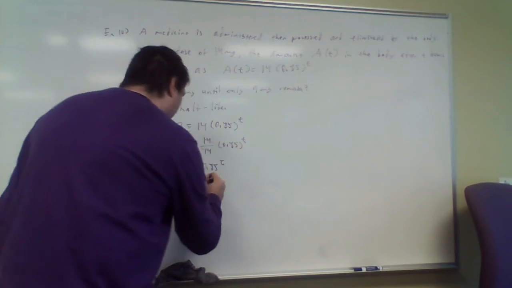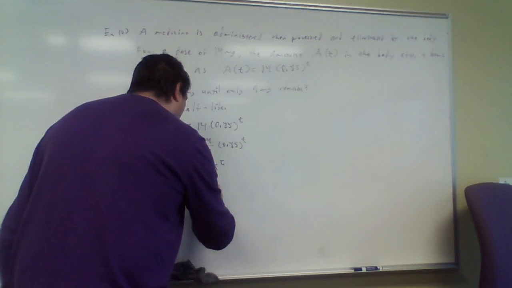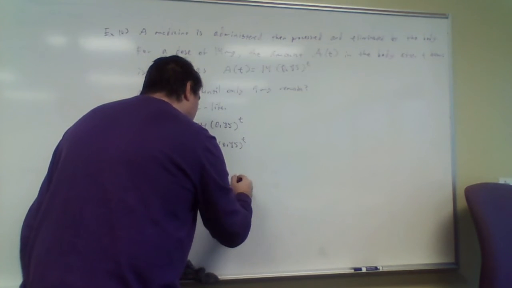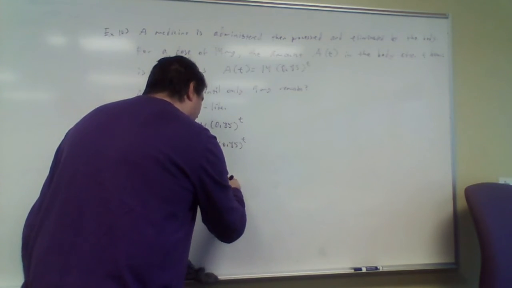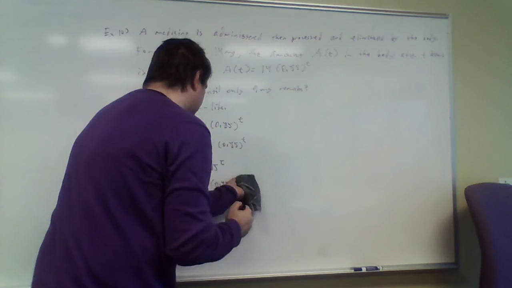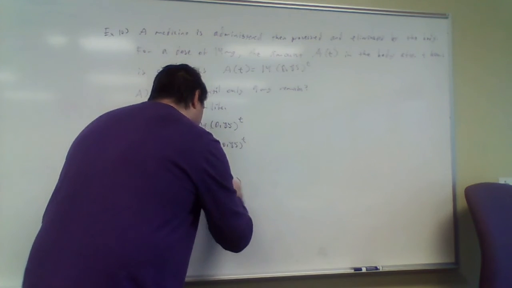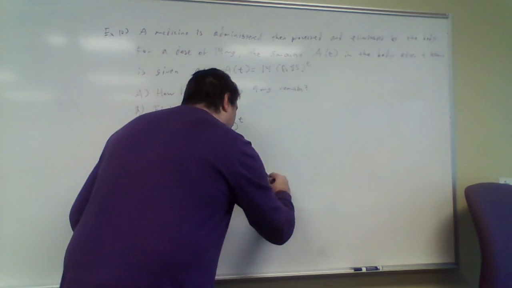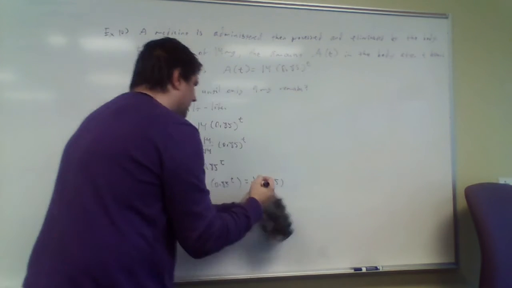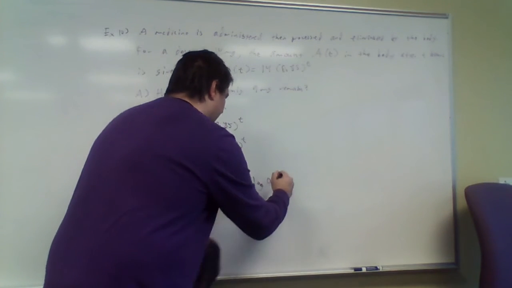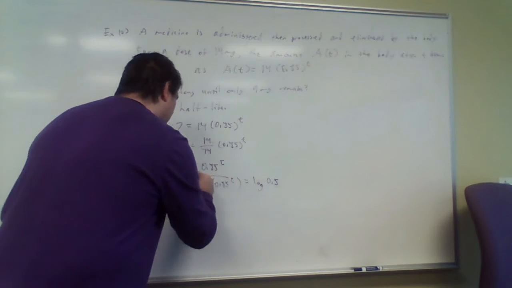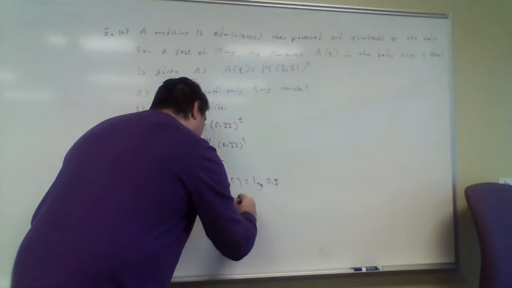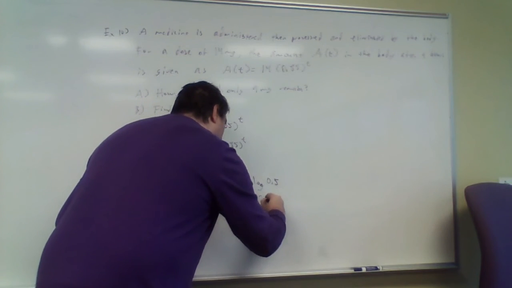Well, that's fine. We're simply going to take the common logarithm, and we're going to do that to this side. We're also going to do it to the 0.5. t will go to the front, so I will have t log of 0.85 equals log of 0.5.